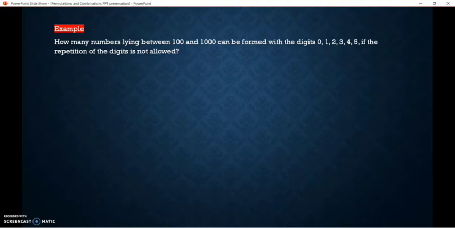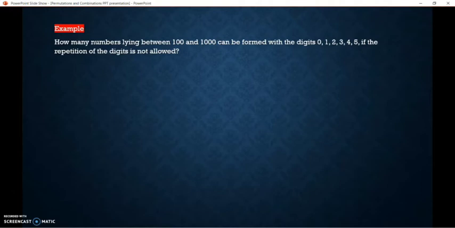Now we need to take notice that not all combinations will give me a 3 digit number. For example, if I take 0 in the 100th place, then it won't be a 3 digit number. Are you getting my point? So we have to make sure that 0 does not come in the 100th place.